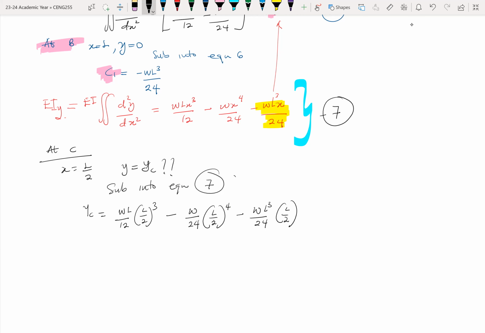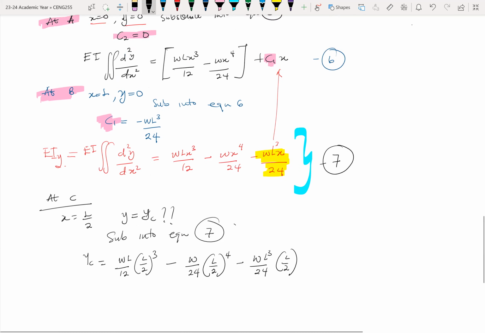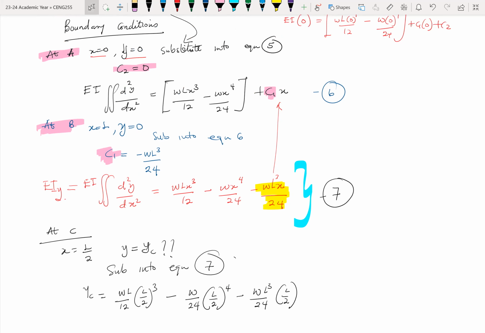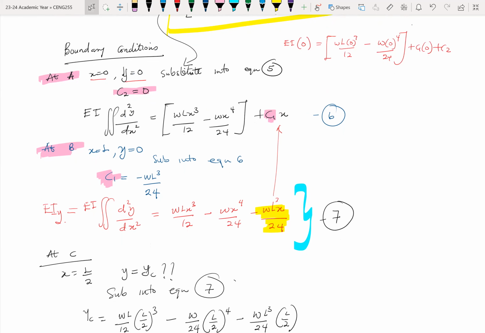It's just putting in wherever you see X, you put in L. So you go back to equation 6, wherever you see X, you put L, and then Y is equal to 0. Then you can have this nice equation to formulate that and then find your C1. Okay, try it. It's not strange.